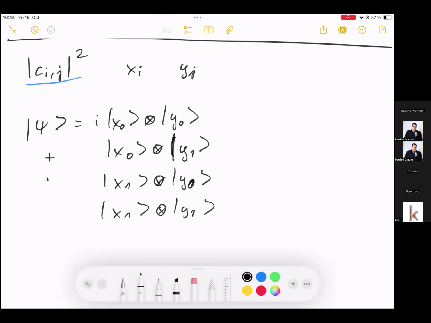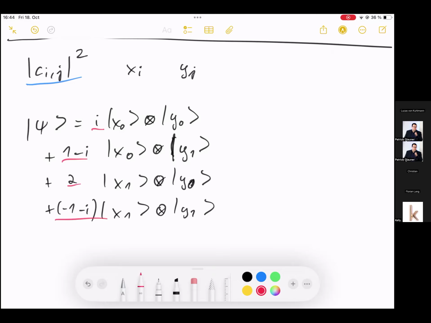And we have the corresponding complex amplitudes. So one was i, then we can say one is 1 minus i, then 2, and -1 minus i.